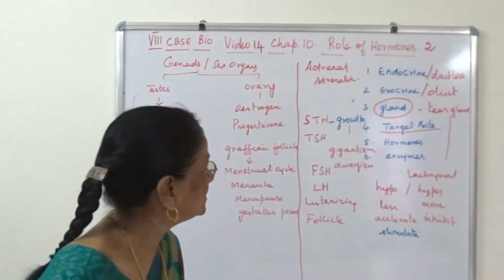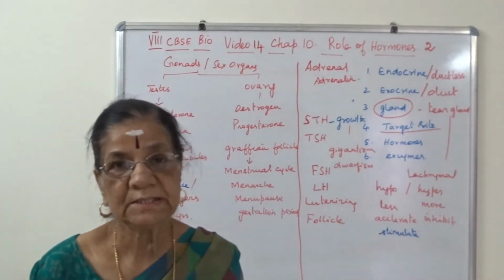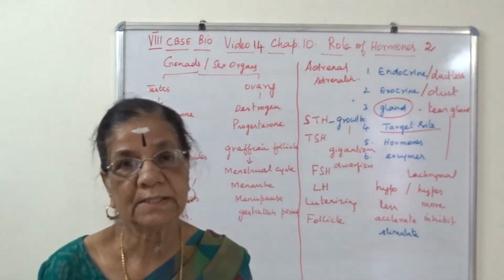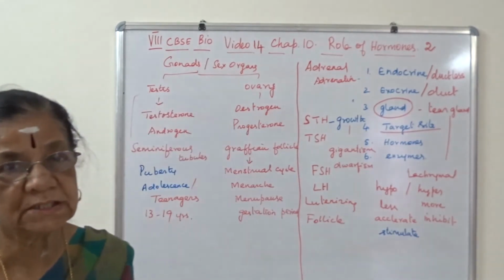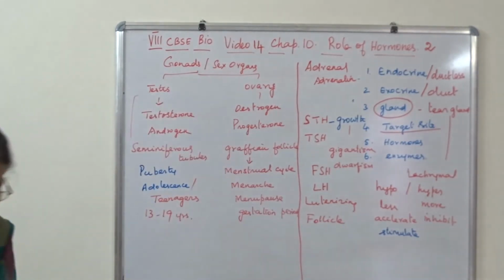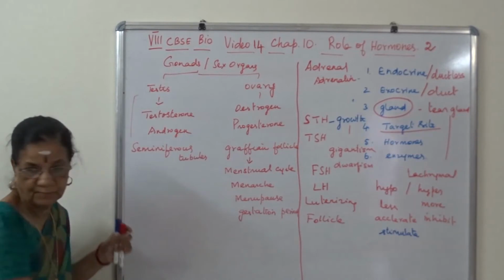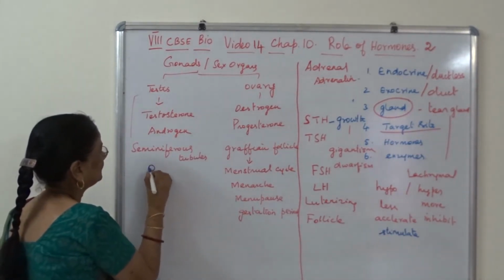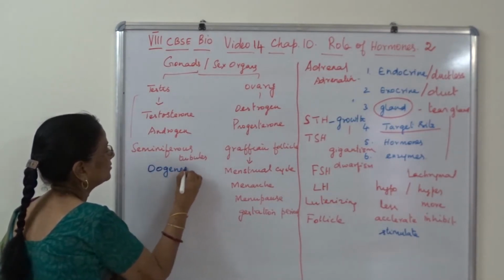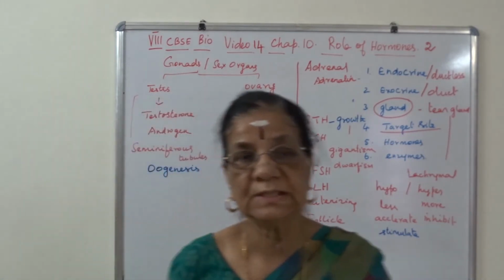In that, the ovary is undergoing changes as Graafian follicle, and that Graafian follicle on maturation at the time of puberty will undergo the process called oogenesis.